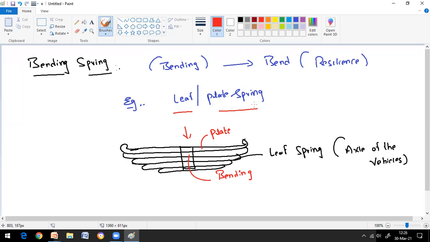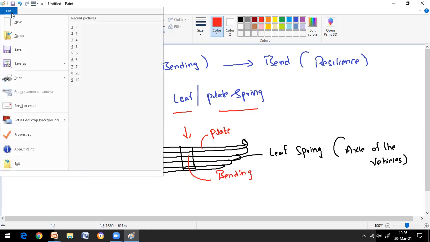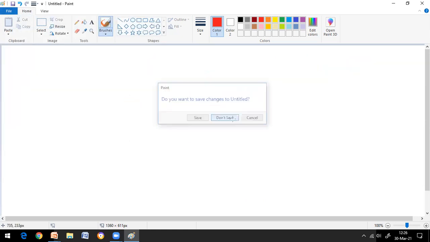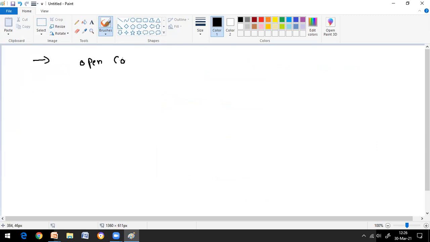There is another spring, which is called the open coiled helical spring, which falls under both categories. Let me write that also. There is a third spring, which is the open coiled helical spring, which will have both properties.